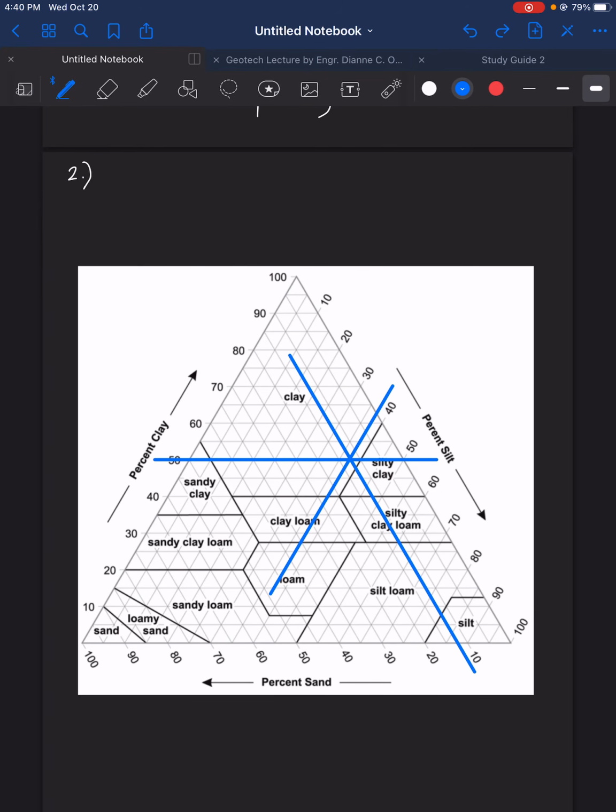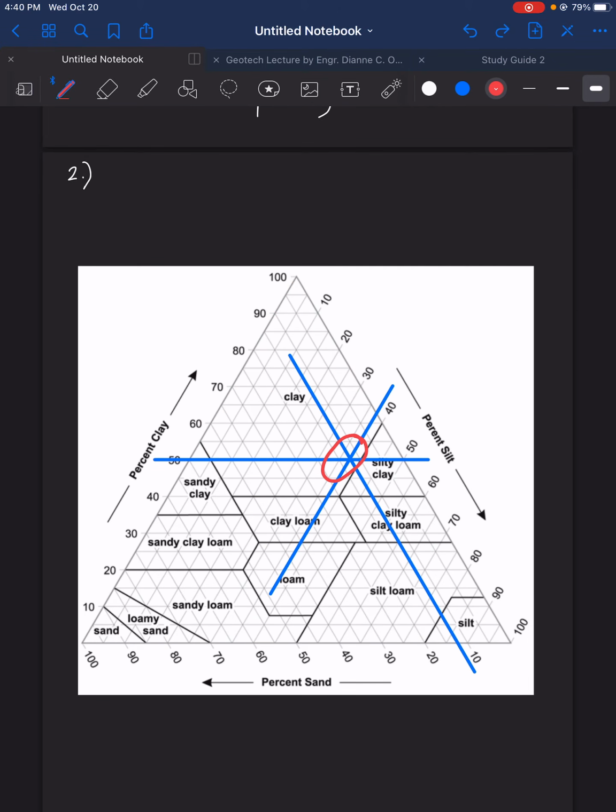So where they intersect, that is the location of the classification of the soil. And here, the location of the intersection is in the clay region. So this region here belongs to the clay.